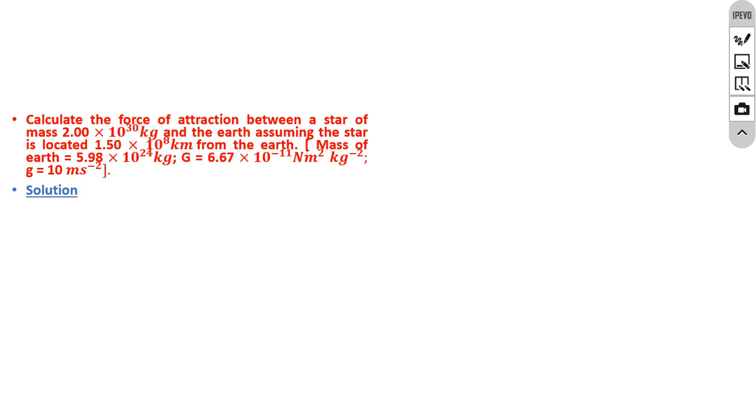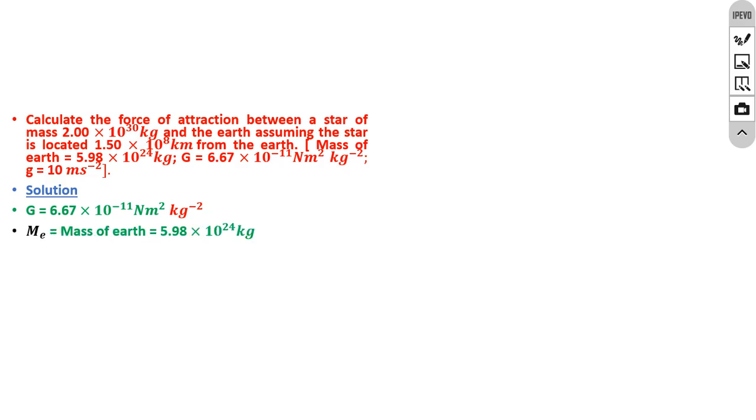Okay, so whenever a problem like this is given to you, you have to first list out the quantities. When you do that, you will have an idea of which expression you are to use. So we begin to list. Here we have G equals 6.67 times 10 to the power minus 11 Newton meters square per kilogram square.